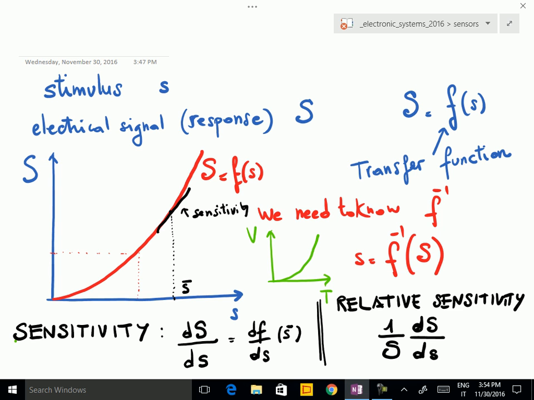So you see that the units of measure of the relative sensitivity are the inverse of the units of the stimulus. Okay. These quantities are typically indicated.